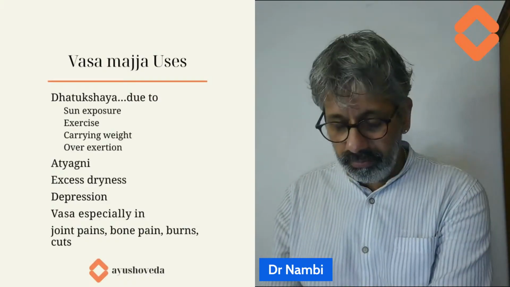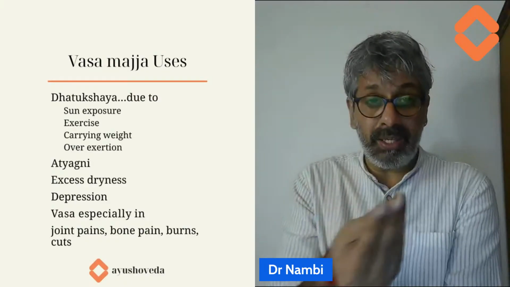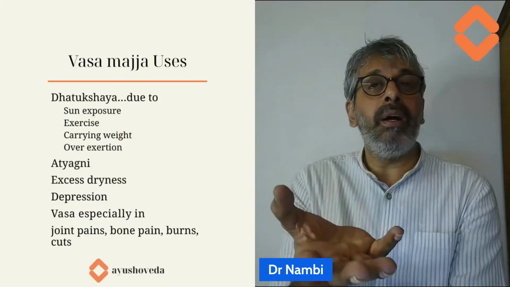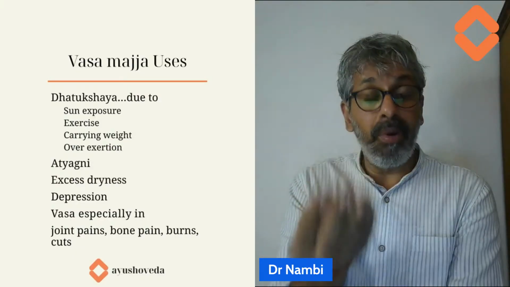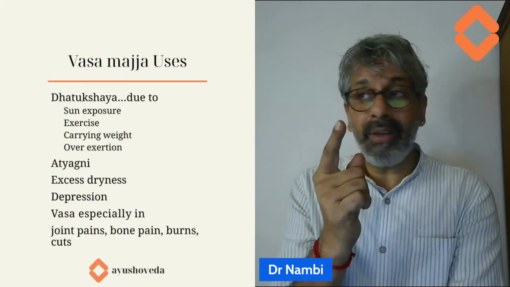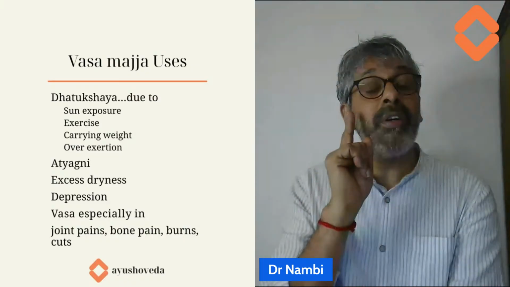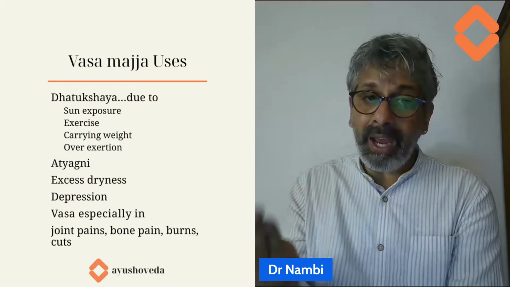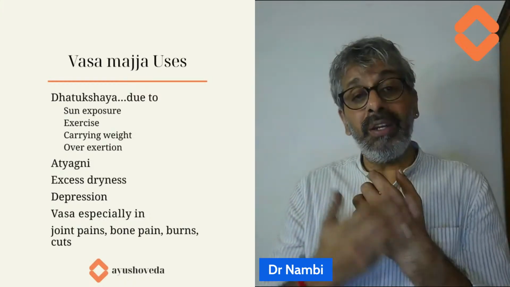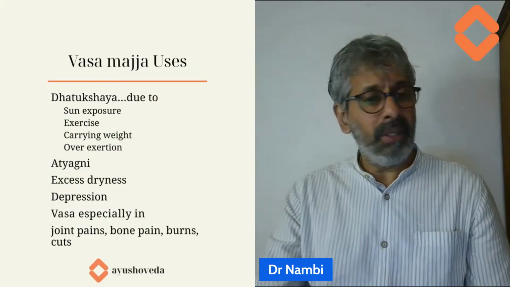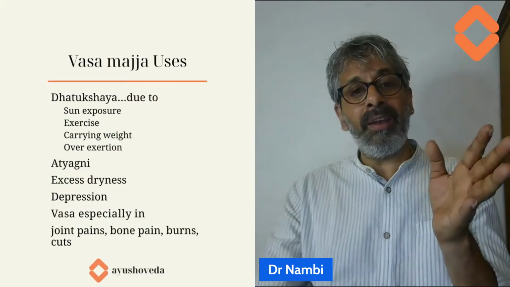The base for most of the effective burn creams is animal fat, and that too chicken. Chicken is eaten, the fat is taken, and they add medicines into it and it is used for burns. So these are Vasa and Majja uses.